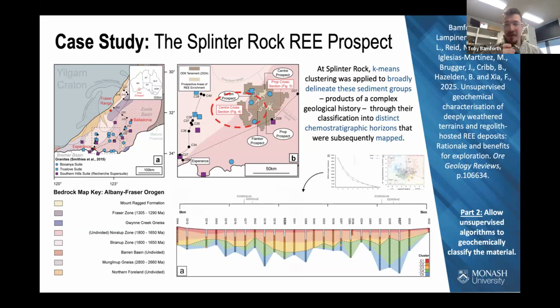So when you run the k-means on these samples, it comes back with 5 clusters. That comes back as the optimum number of clusters. And then when you map those clusters onto a cross section of the Splinter Rock deposit, that is the map that you see at the bottom right-hand corner, right? There are a couple of features of this map that are quite interesting.